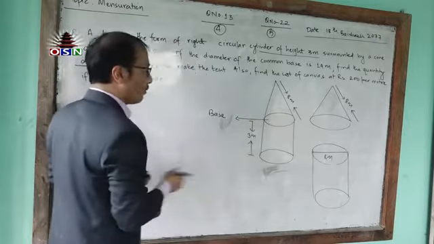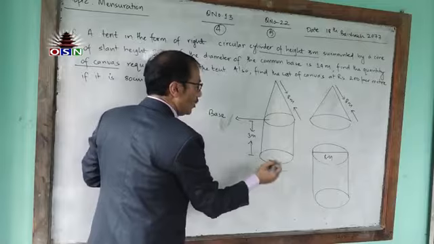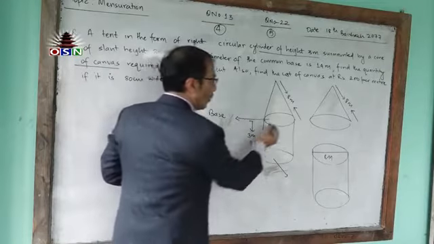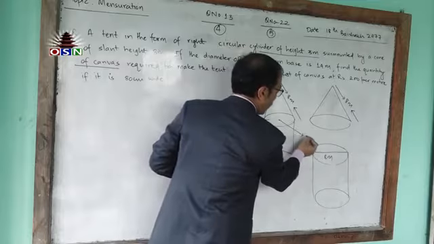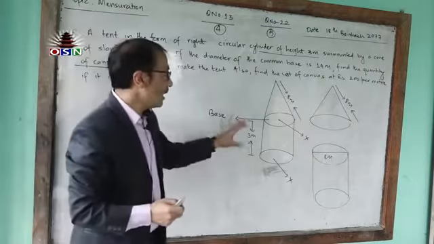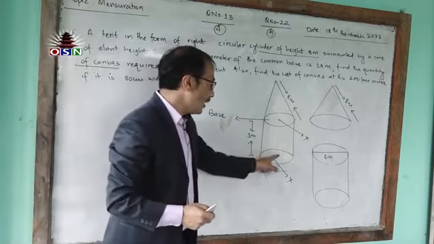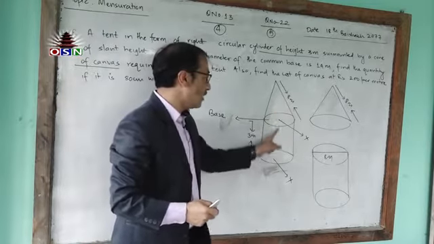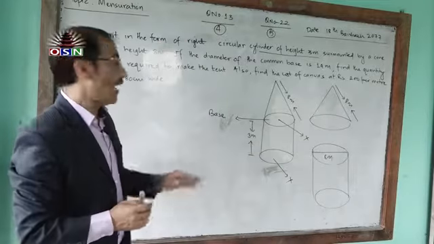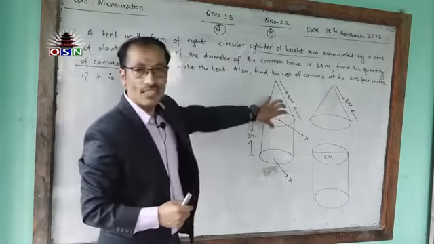When we talk about a tent, you should be clear about it. We don't need to use canvas over here, because this is a tent. In the case of a tent, we don't need to include the area of these circular bases. You just have to find the total surface area of this combined figure.